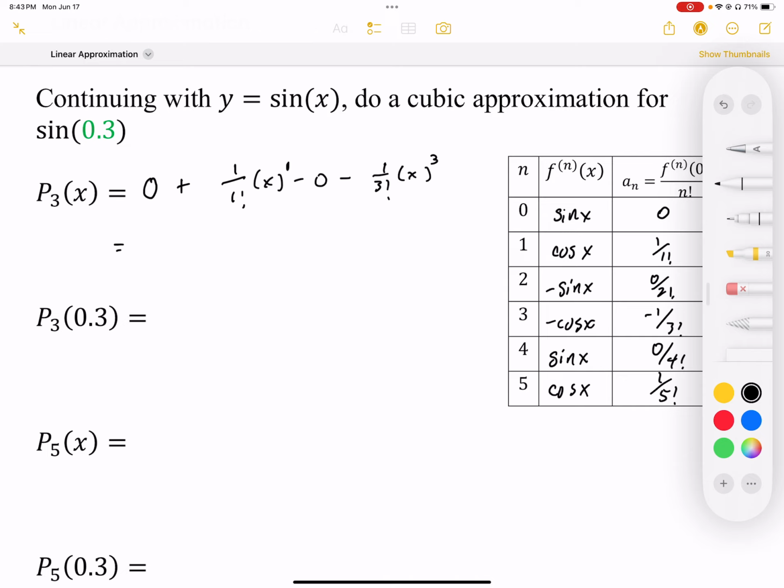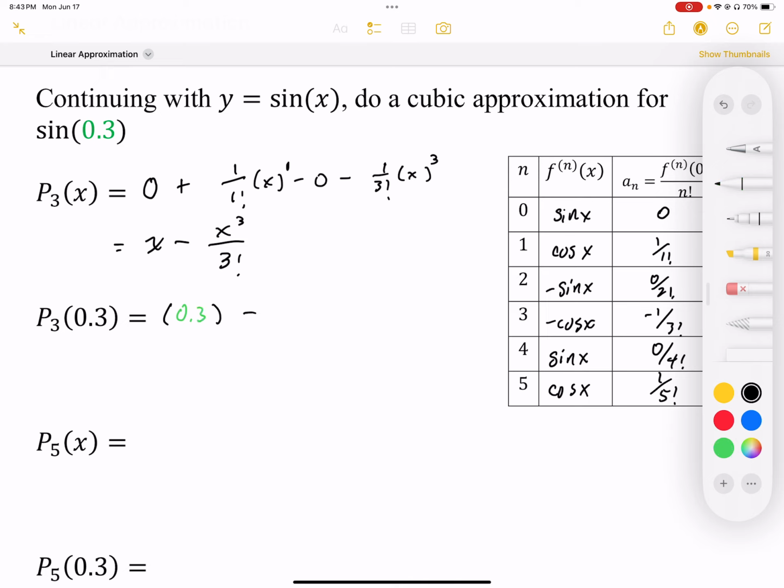Okay, so that represents our term. So I'm just going to simplify this. This is really just going to end up being x minus x cubed over 3 factorial. And if I want to work that out, I'm going to evaluate that at 0.3. This is my approximation.